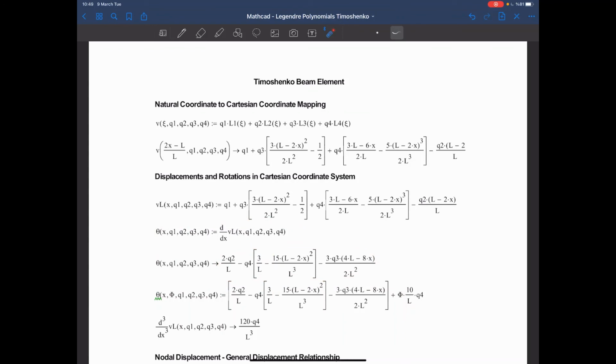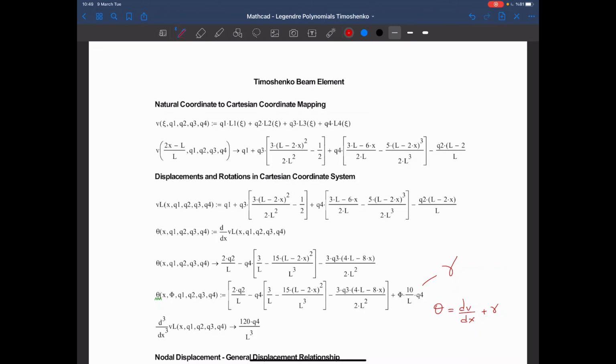So here I'm manually adding the corresponding value. That's our, remember, that's our shear strain, right? In this equation, we are saying that theta is equal to dv over dx plus first order correction to rotation, which is the shear strain.